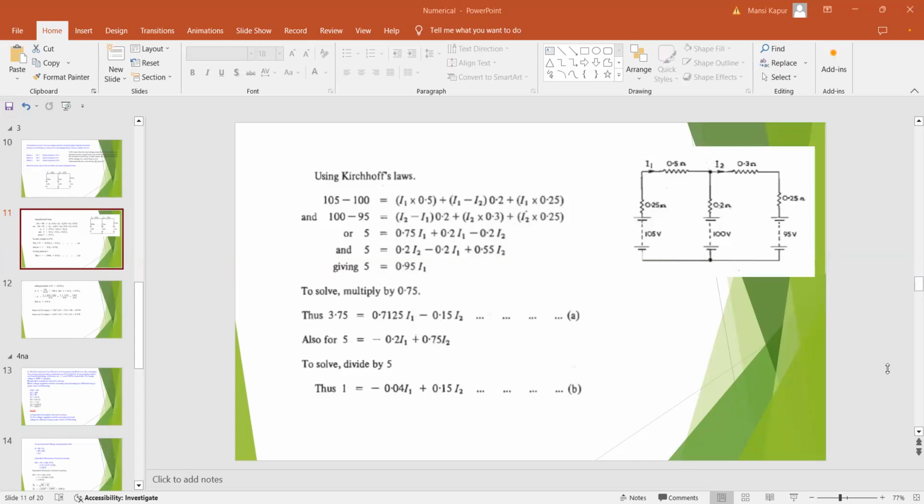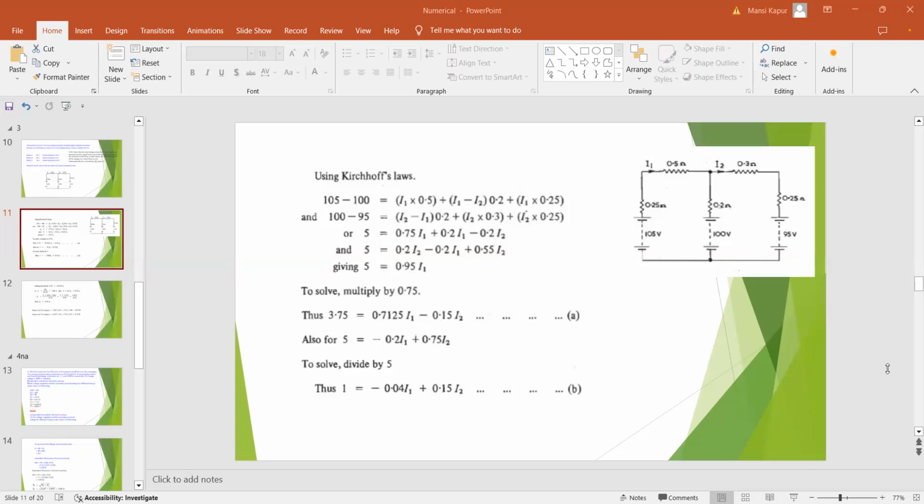Then just add equation number 3 and 4. On adding equation number 3 and 4, you will get 0.04 plus 0.713, that will be equal to 0.753 I2 plus 5.75.